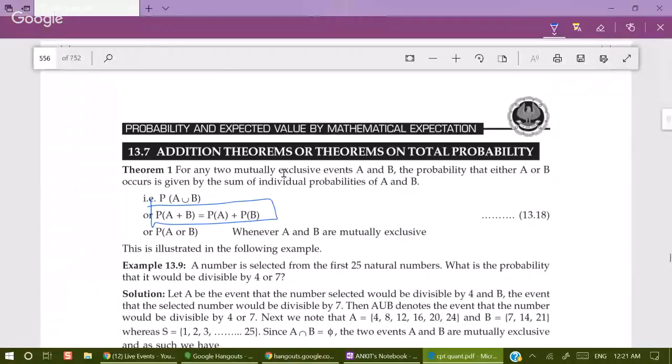Someone has asked, sir, please give tricks to solve probability. That's what I am doing right now. We are discussing probability from the very basic. From the very start, I have started with the random experiment, trial, outcome, event. I have started with the definitions.